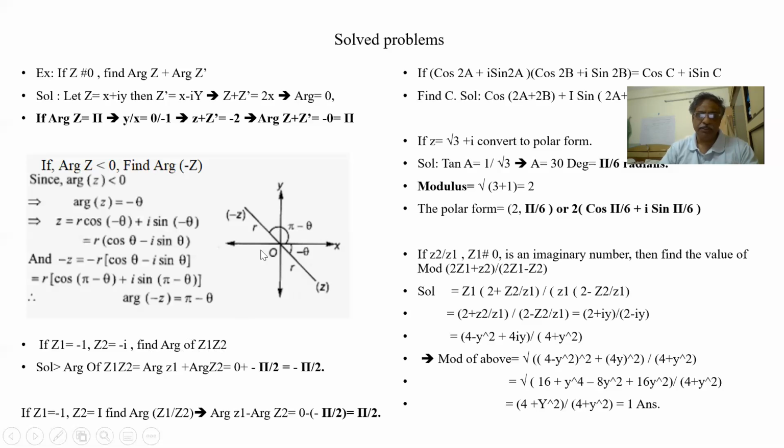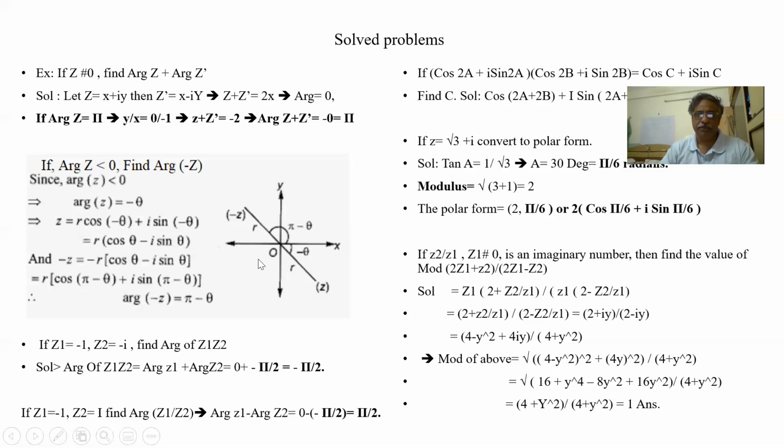This is pi, this is pi by 2, so the total minus pi by 2 is the resultant. So arg of z1 z2 is arg of z1 plus arg of z2. Z1 is minus 1, the imaginary part is 0, and 0 divided by anything is 0, so this is taken as 0. Arg of z2 is minus pi by 2.